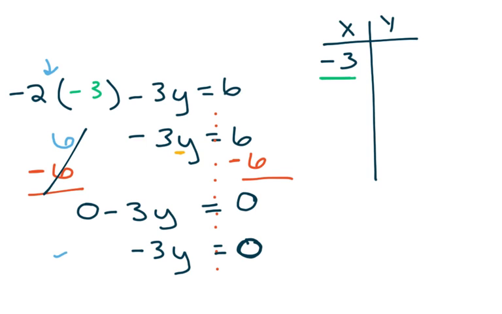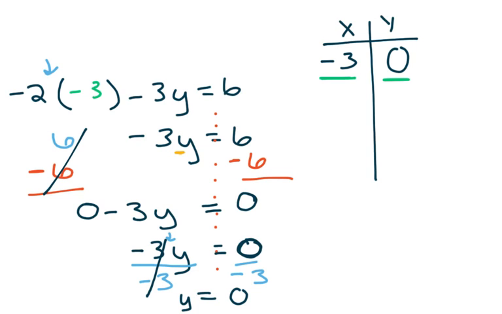Because there are no other terms, we're just dealing with this -3. We can just divide by -3 on both sides, because we have implied multiplication, and the opposite of multiplication is division. -3 divided by -3 is just 1, so we're left with y, and 0 divided by -3 is just 0. So when x is -3, our y is 0.